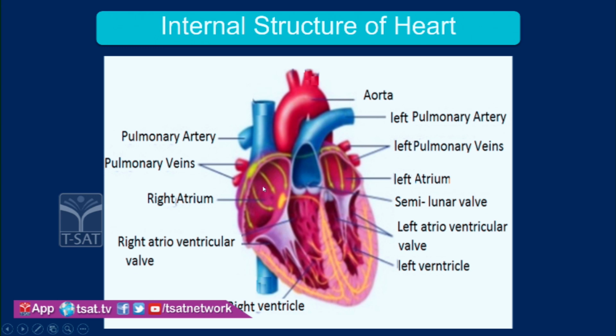Between the right auricle and right ventricle, you see tricuspid valve. Between the left auricle and left ventricle, you can see bicuspid valve. That is a very important noticeable thing. And also semilunar valve means half moon structures, like half moon structures.